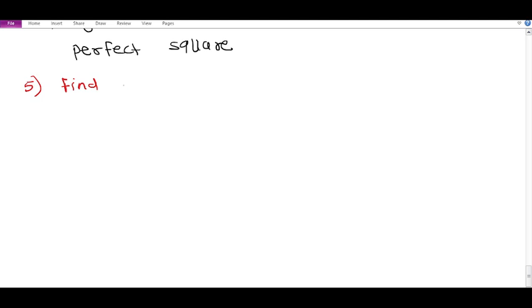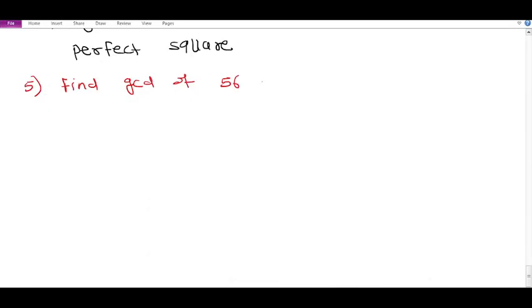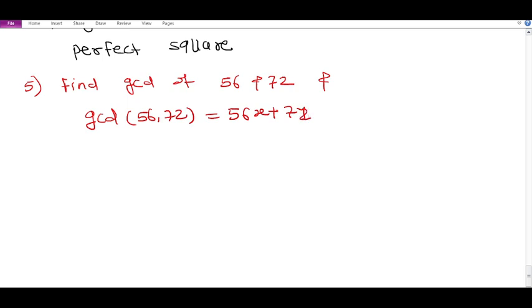First step, find the GCD of 56 and 72, and write the GCD of 56 and 72 as 56x plus 72y.